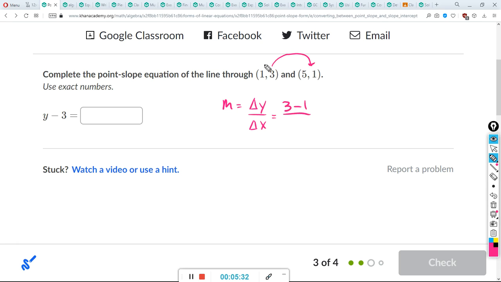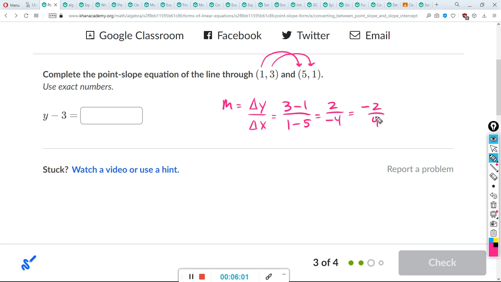For change in x, I'm going to do 1 minus 5. 3 minus 1 is 2, and 1 minus 5 is negative 4. Use the calculator if you have to. And 2 over negative 4, you can move this negative up top. It's the same as negative 2 over 4.